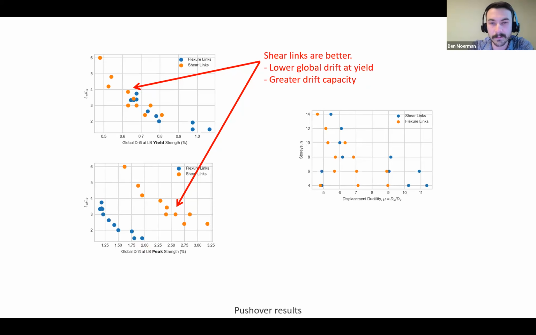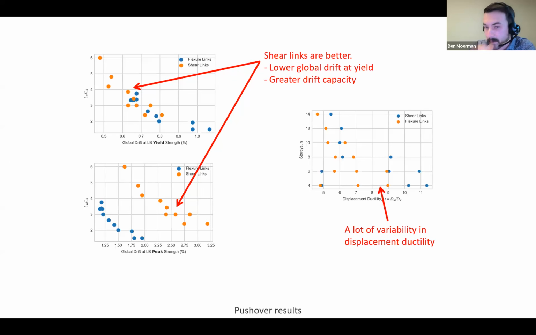They have a lot better drift capacity, and we hit yield at a lower drift level, which is already known. Shear controlled failures for eccentric brace frames is well known to be a preferred mechanism. It is harder to achieve given architectural constraints, but that's a known fact.